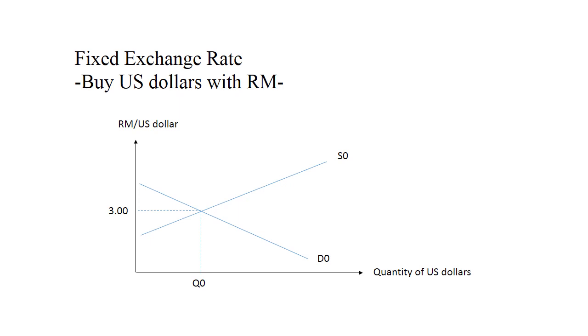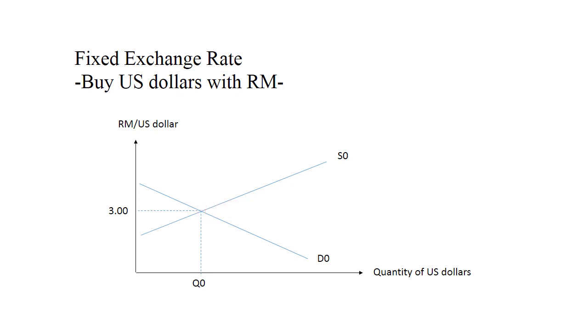The next case: just now we discussed if the demand for US dollar increases. Now we are going to say that the demand for Ringgit Malaysia increases. So what happens to the fixed exchange rate? What should the government do, buy or sell US dollar? Suppose the exchange rate is at our original equilibrium, where quantity demanded is equal to quantity supplied.